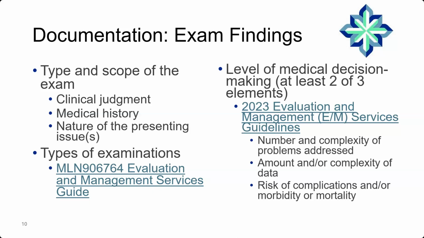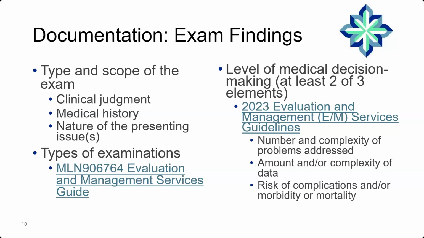Documentation should consider the level of medical decision-making required for a service as specified in the 2023 Evaluation and Management Services Guidelines. The 2026 CPT Professional Edition book outlines and details the 3 elements of medical decision-making which are used to determine the appropriate E&M code level.